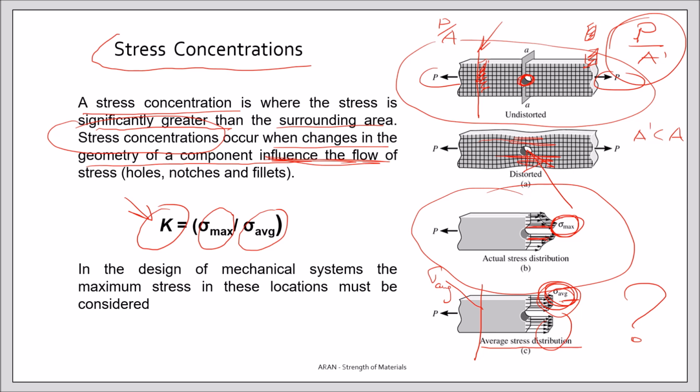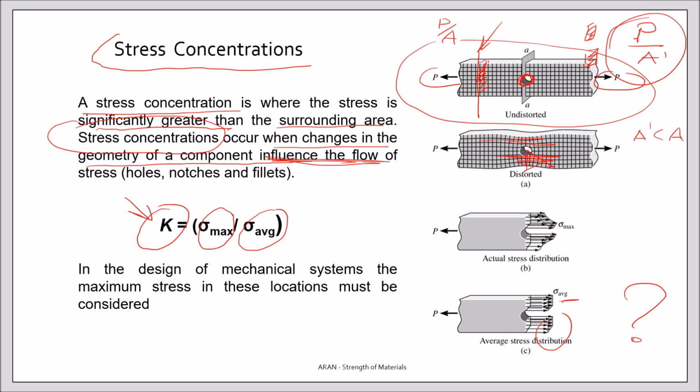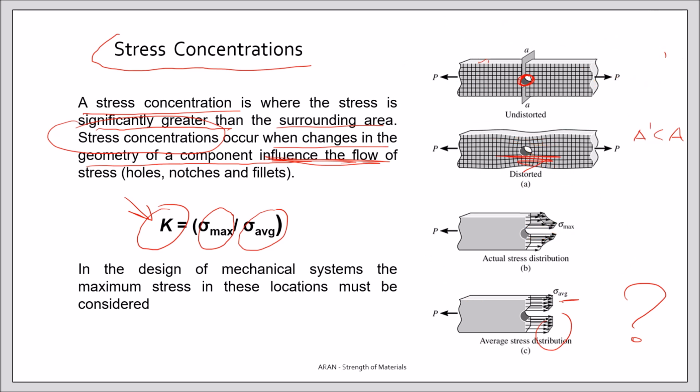So when you have a mechanical design with holes, with notches, with grooves, and that type of sectional changes, then you have to consider the stress concentration. The calculation of an average stress is not correct.